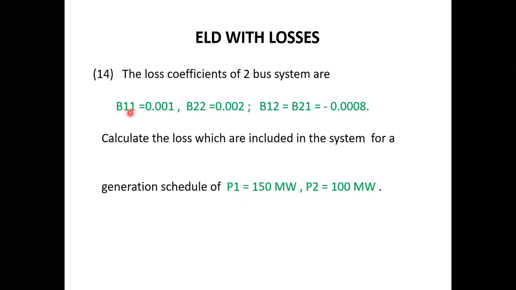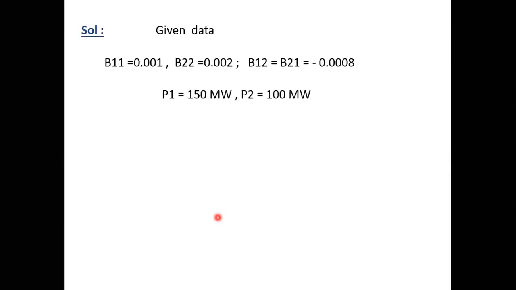That means B11, B22 and similarly B12 and B21. So by using these loss coefficients and these P1 and P2, we need to find out the loss power. So first we will see the given data. The given data is nothing but loss coefficients and P1 and P2. So we need to find out the loss power.